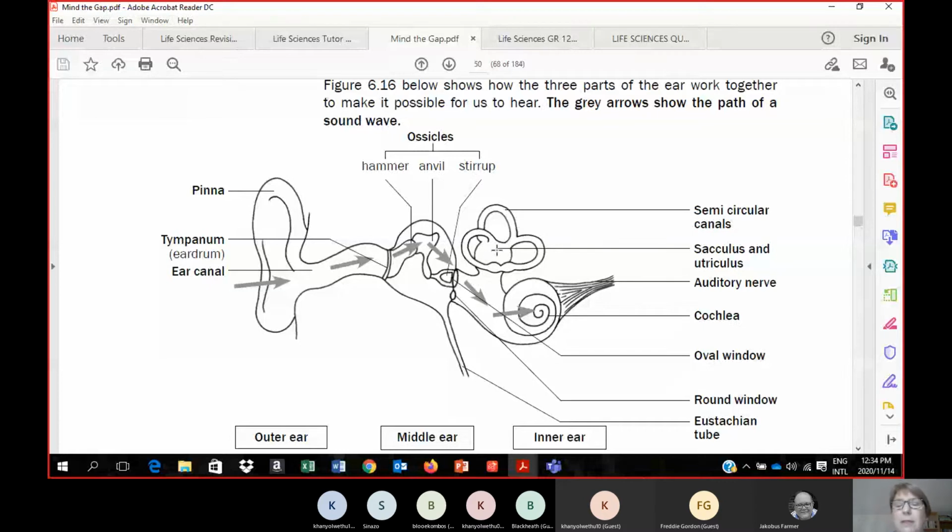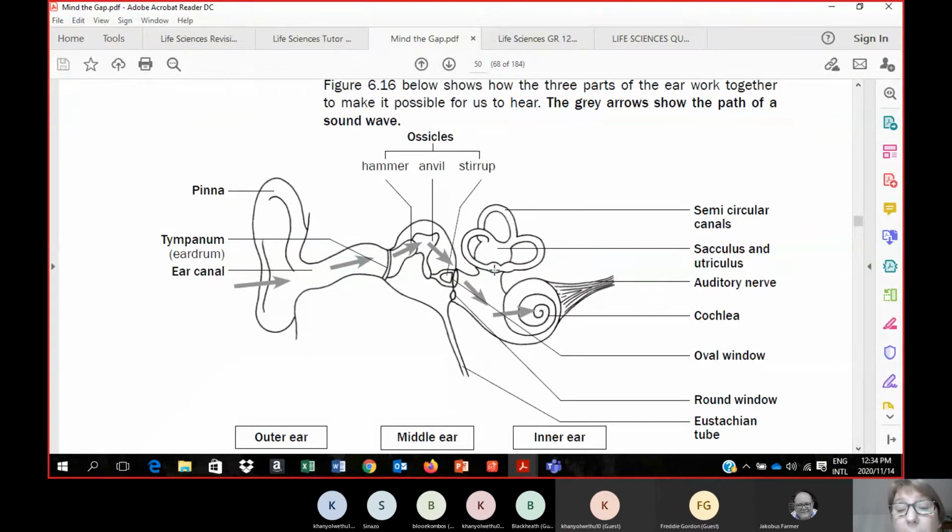Now, I know these are difficult words to remember, and in some textbooks there are even more structures that they speak about. But to be honest, you only need to know what the role is of the cristae and the maculae with regards to balance, all right?